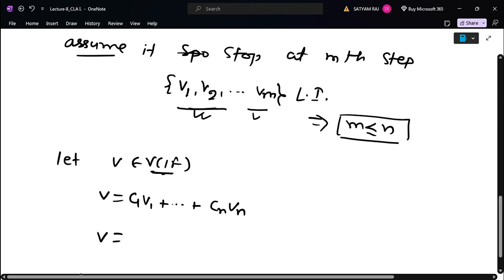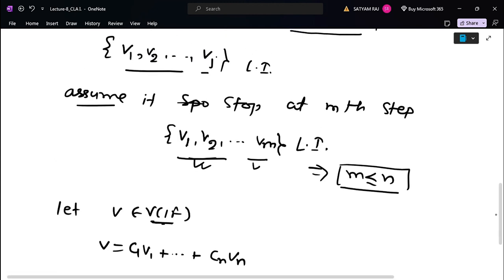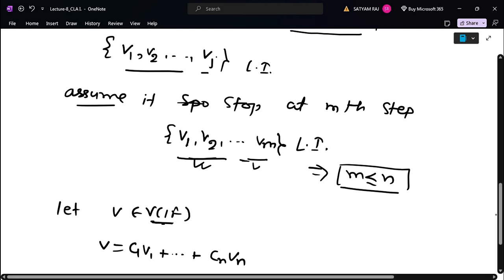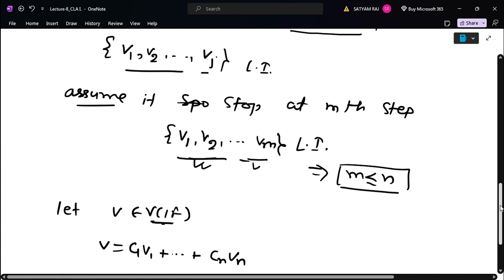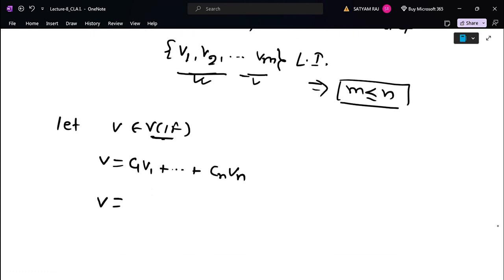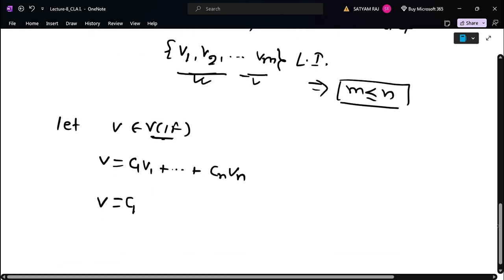Now we have got the new set of vectors. How did we get it? We have removed only those vectors which are linear combinations of the other vectors.